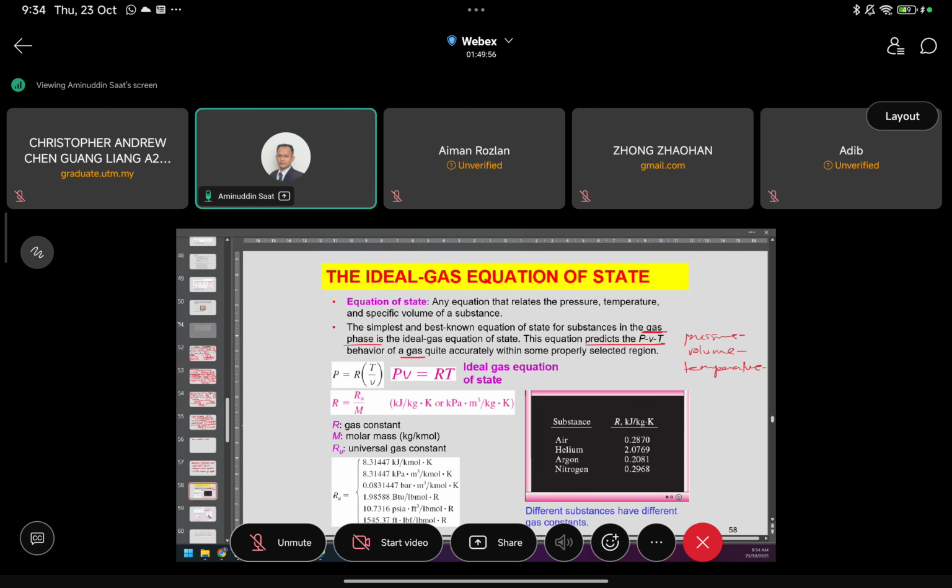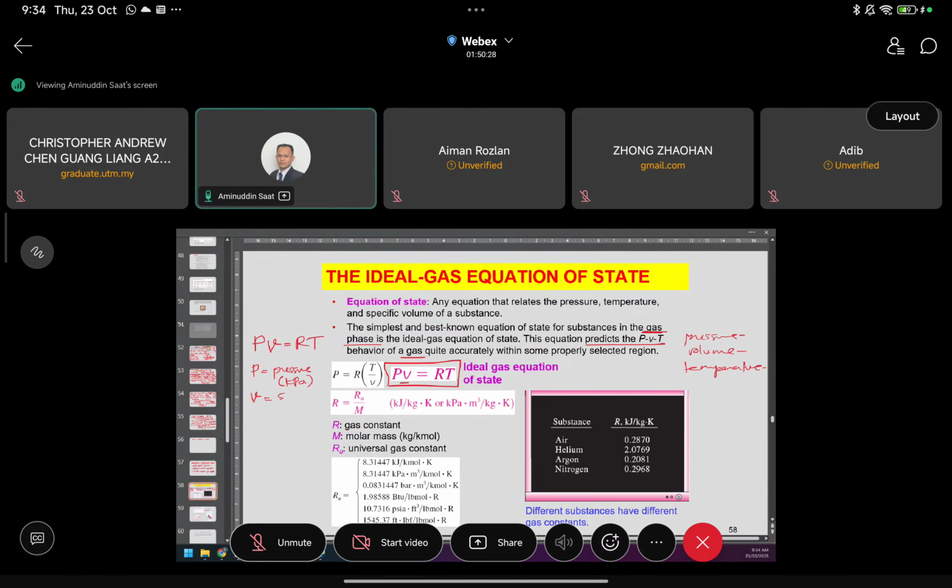So what is the ideal gas equation? This one. PV = RT, where v is a specific volume. What is P? P is pressure, in kilopascal.